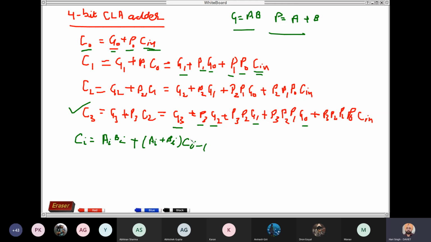Now in this case we need one AND gate, one OR gate, and further one AND gate. So we can design a circuit for this particular case.